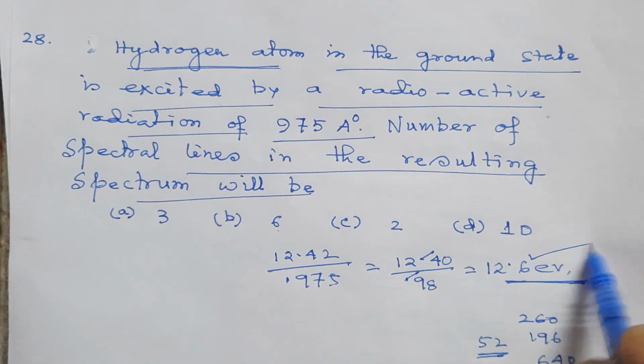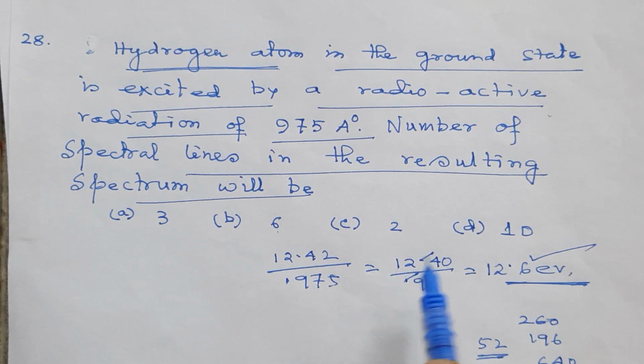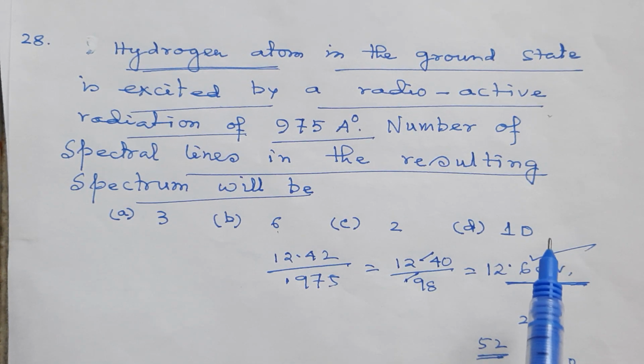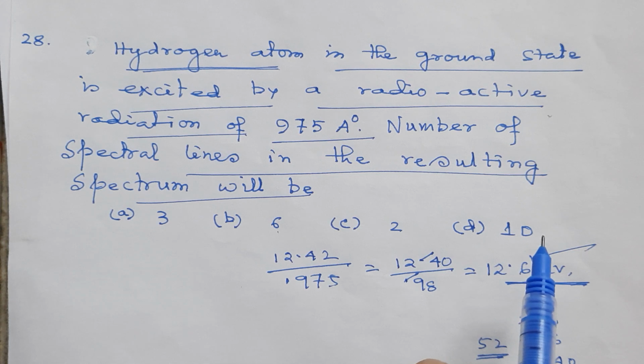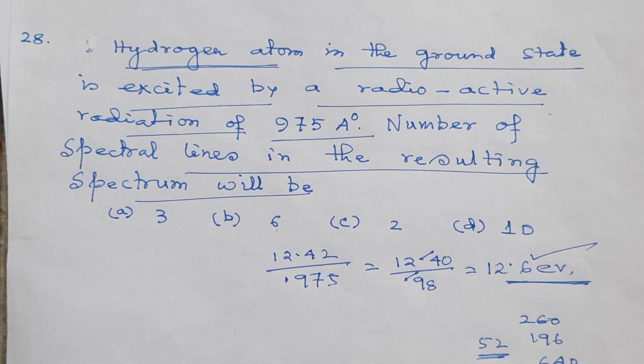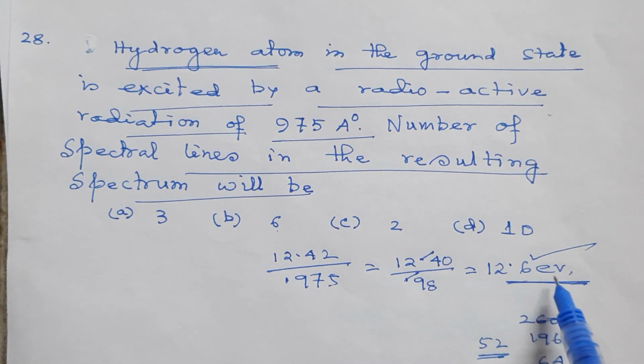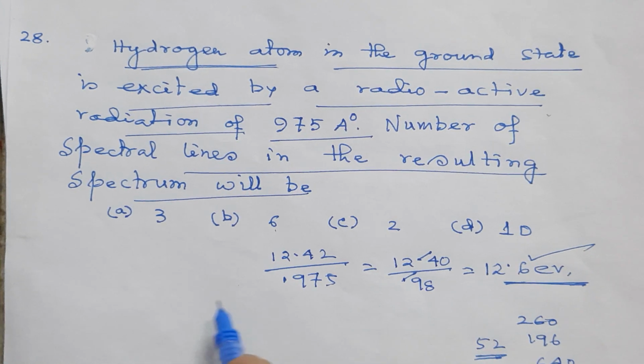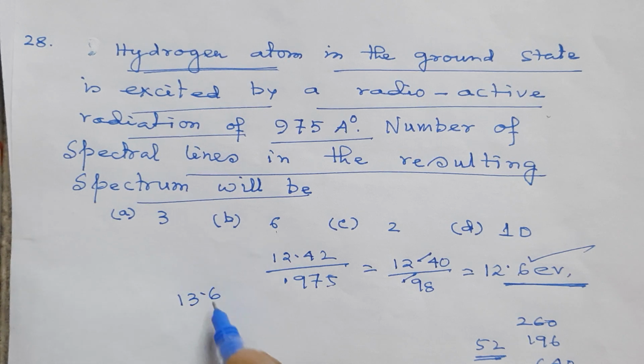So the energy incident on the surface is nearly 12.6 electron volt. The ground state energy is 13.6 electron volt.